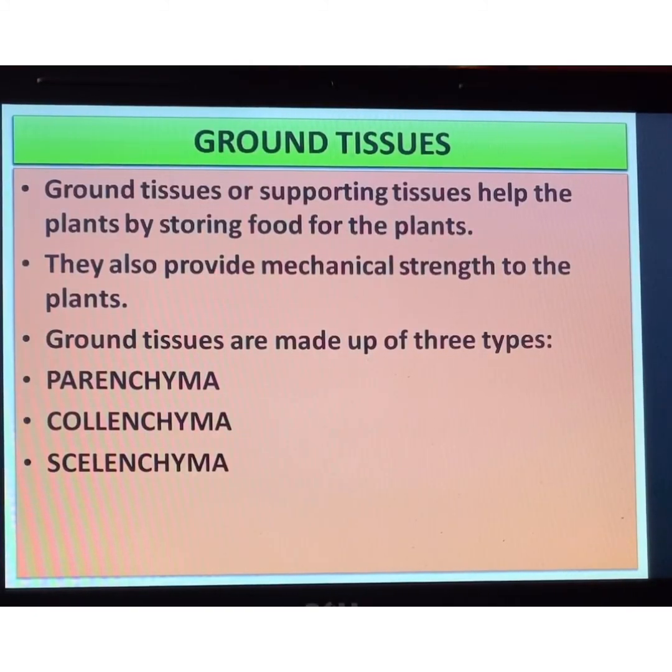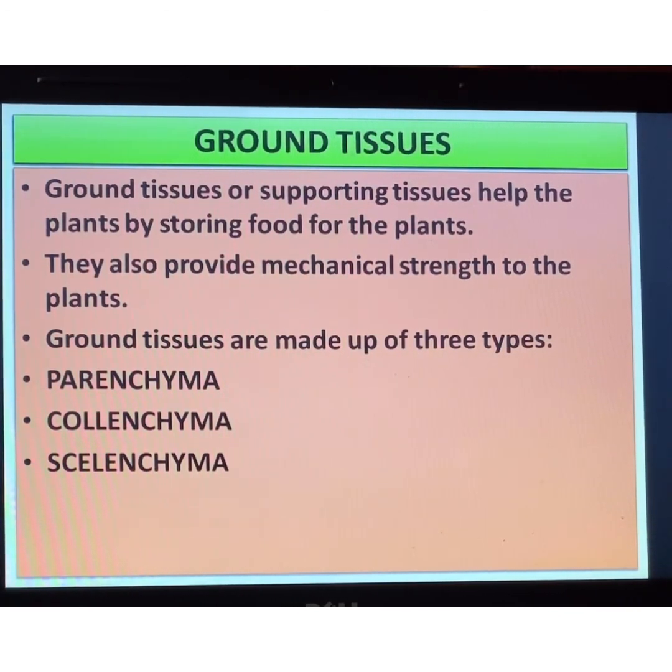So last time we saw that under simple permanent tissues, the dermal or the protective layer covers the whole plant. And what was that layer known as? Epidermis, correct? This time we are focusing on the supporting tissues. They are also known as ground tissues.